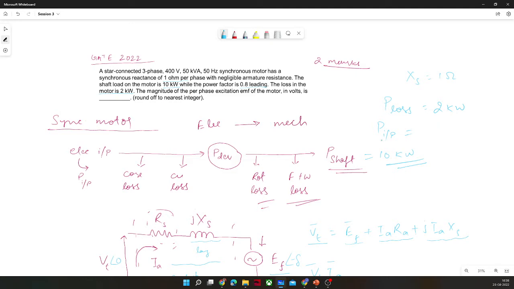Thanks. Power output plus loss, that would be the shaft power plus total loss in the machine. Correct. Thanks. So we have found that input power is 12 kilowatt.